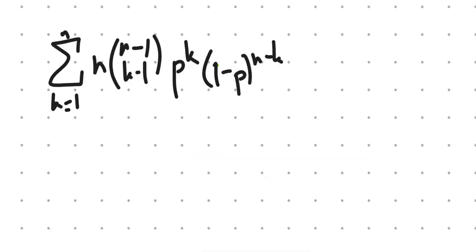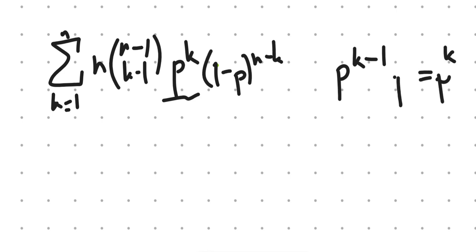Since we have this equation, we wouldn't want to represent p to the k in a form like this, p to the k minus 1. Now what should we do to multiply it to get p to the k? Well, we'll just multiply by p to the first power. So p to the k minus 1 times p to the 1 is the same thing as adding the exponents, which equals p to the k minus 1 plus 1.